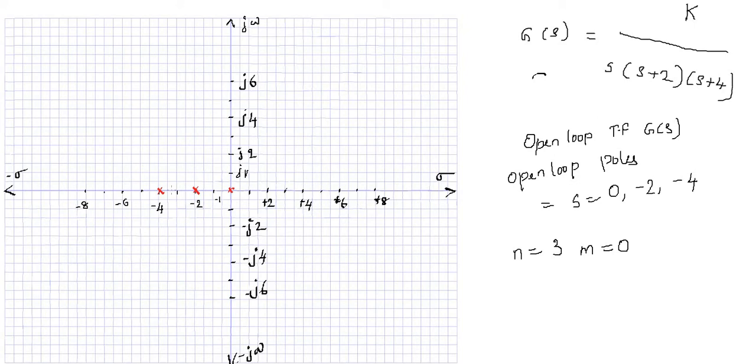So the first step is to mark all open loop poles and zeros. Now we can see that there are 3 finite open loop poles and no finite zeros.